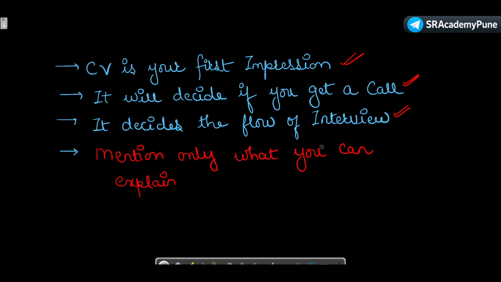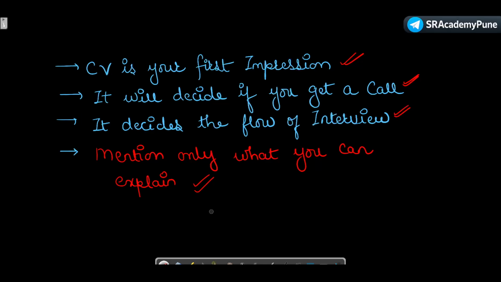And the very important point that you need to follow for your CV is to mention only what you can explain. Because I have seen very impressive CVs having multiple large points, but when I have asked the candidates to explain them in an interview, they have failed to do so.